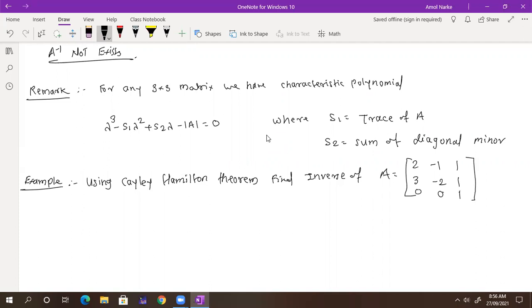Okay. So when they are saying Cayley-Hamilton theorem, it means you need to use the Cayley-Hamilton theorem only. So find out its equation and everything.